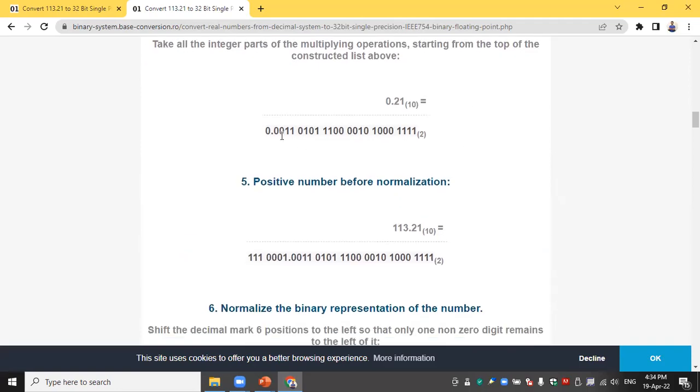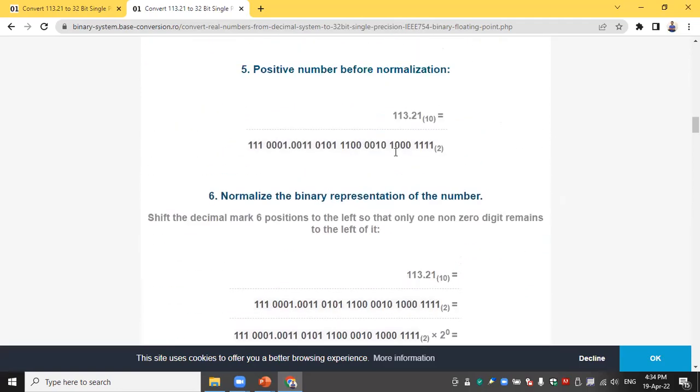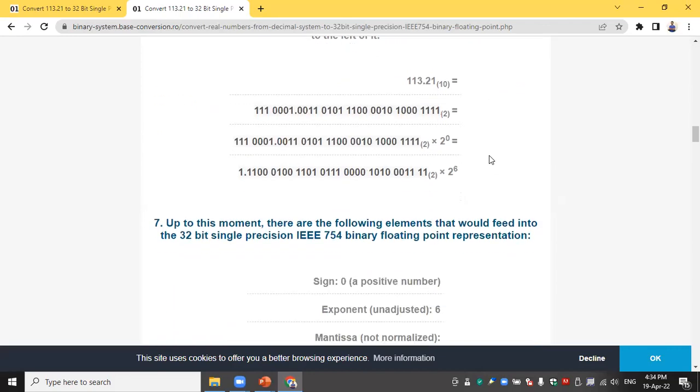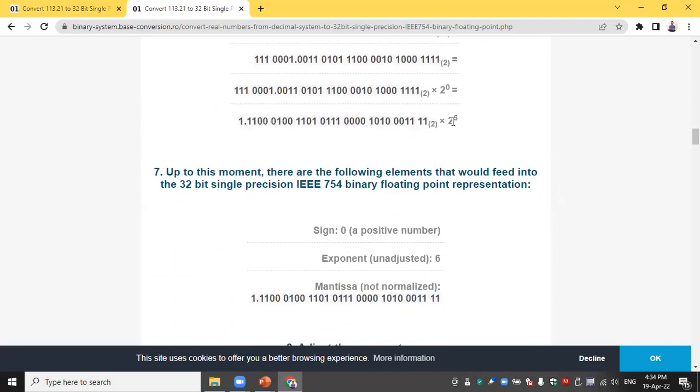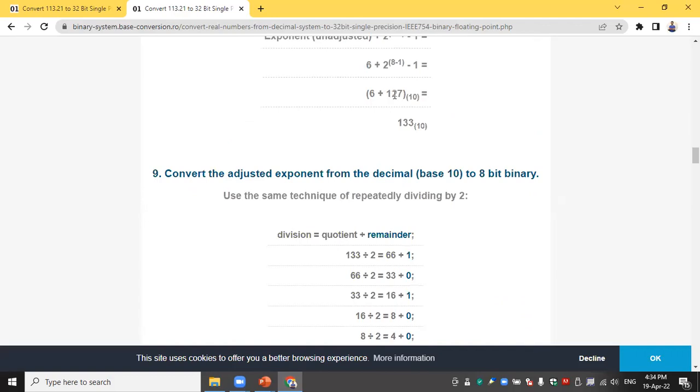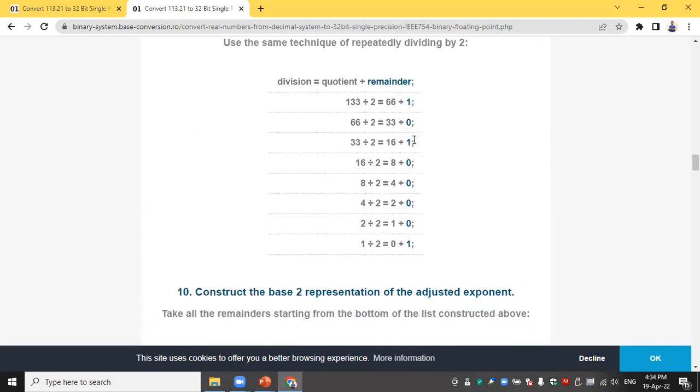Then you get this number. This is the converted number, the binary representation of the given decimal value. මේක තමයි decimal value එක, මේක binary value එක. ඊට පස්සේ normalized form එකෙන් ලිව්වහම එතනින් ඔයගොල්ලන්ට පුළුවන් exponent එක ගන්න, number 6. ඊට පස්සේ 6 ට 127 එකතු කරාම එනවා 133.